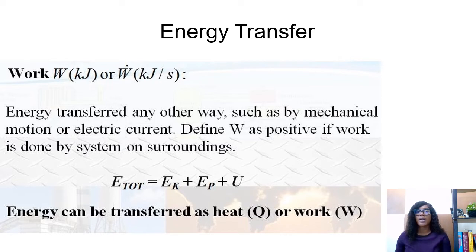So we define work as positive if work is done by the system on the surroundings. Therefore, our total energy of our system is the sum of our kinetic energy, our potential energy, as well as our internal energy. So remember, the energy can only be transferred as heat or work.